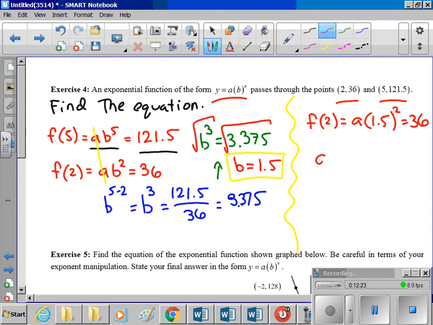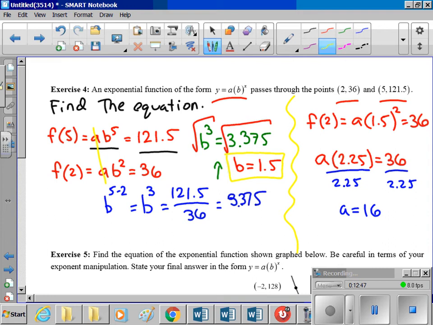So we have a times 2.25 equals 36. When we divide by 2.25 on both sides, we get a equals 16. And that's both the variables.